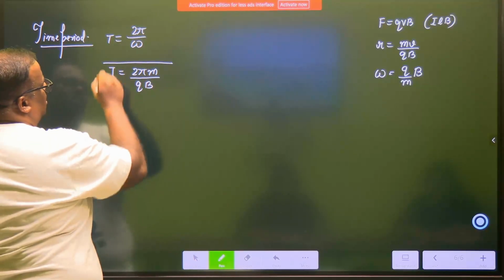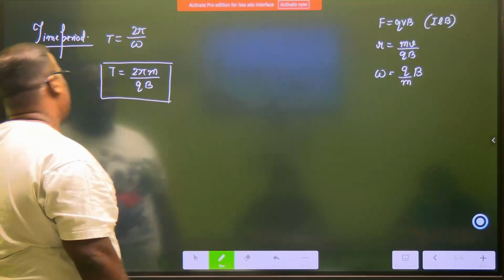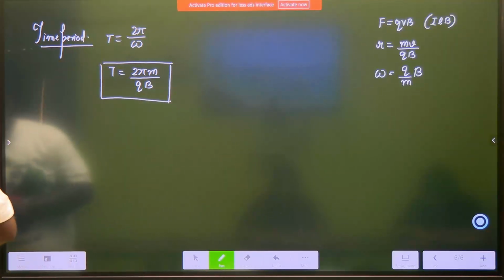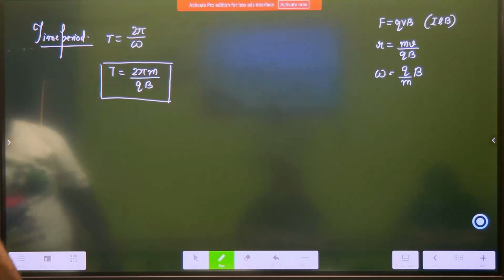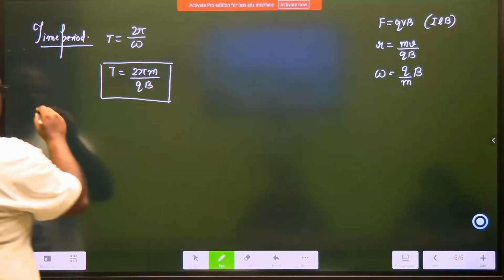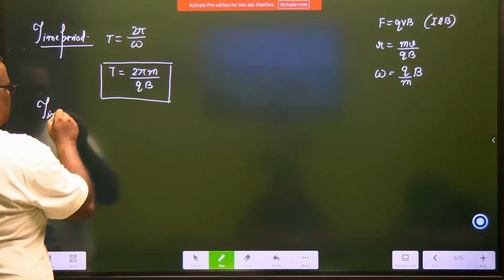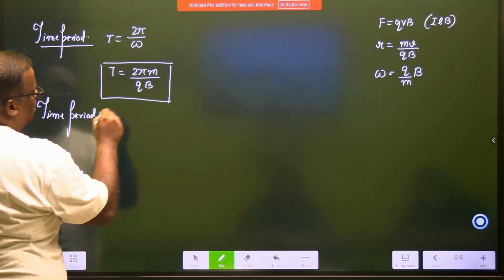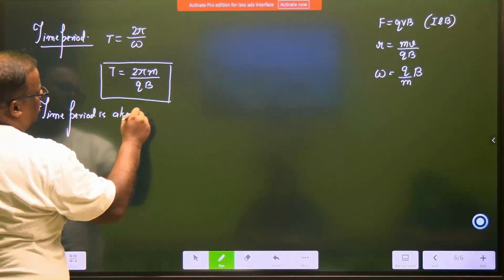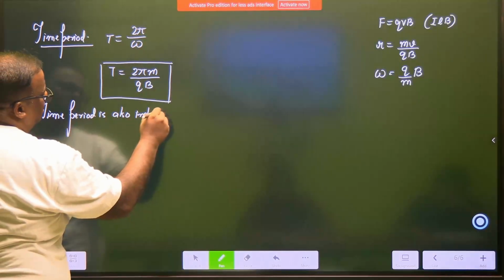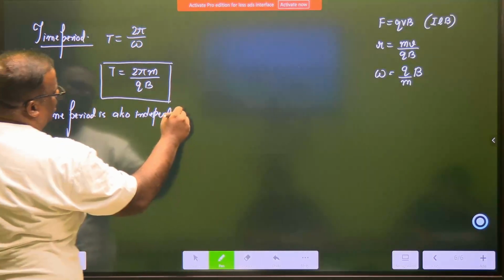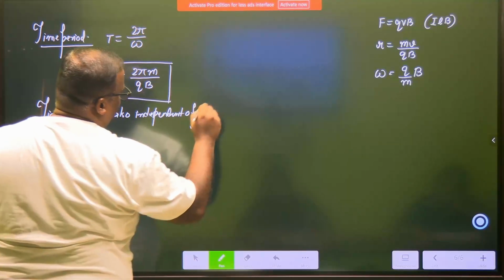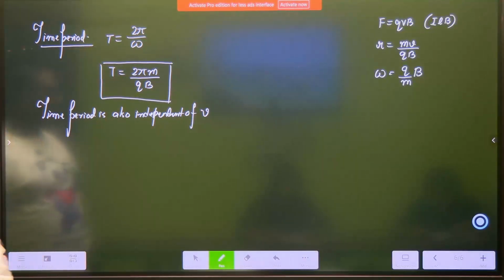This is the definition for time period. So you can again write that time period is also independent of V. There is no V.